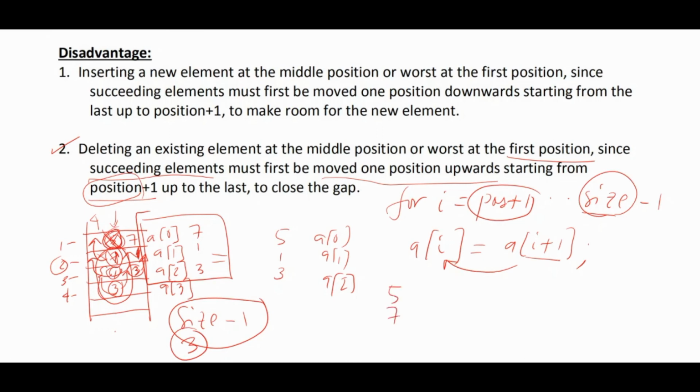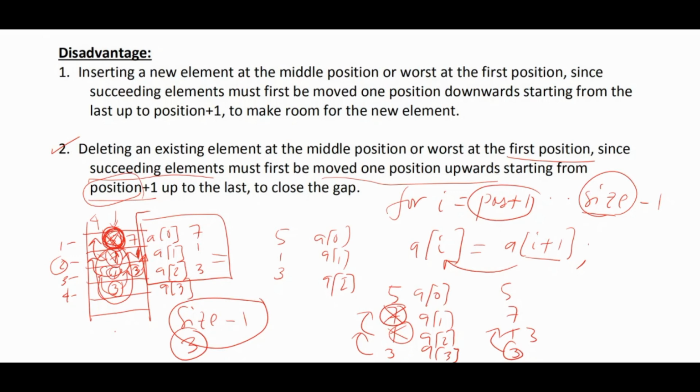When you delete 7, like in the previous example, this is 5, 7, 1, 3, where this is your A0, A1, A2, and this is your A3. If you delete this one, you move only 2 elements, right? If you delete 1, how many elements are you going to move? It's only 1, right? So this becomes 3. If you delete the first position, you're going to move size minus 1 elements.